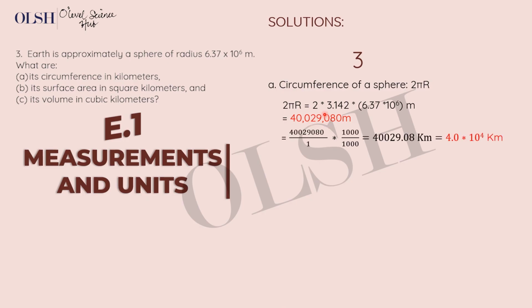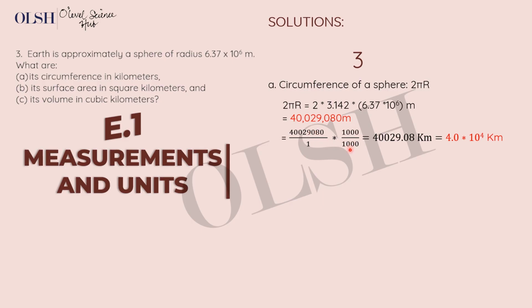If we are to convert this to kilometers, remember what I talked about: all we need to do is divide this value by 1,000, because of course kilo is 1,000. We just divide this value by 1,000 and we get our answer in kilometers. This 1,000 divided by 1,000 I did here is just to make us understand where the k comes from. We have 1,000 here to represent k, and another 1,000 here, which goes into this equation to sort this whole number out.